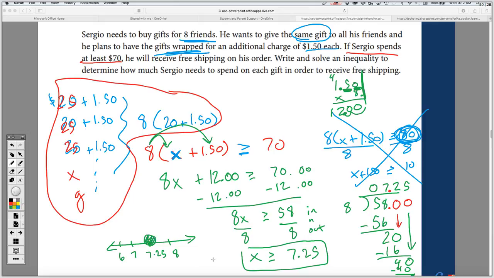So this is to the right. What does this mean? What did I find out here? That you can spend more than $7.25, or $7.25. So he has to spend at least $7.25 or more to do what?